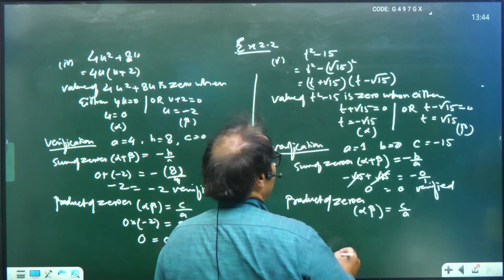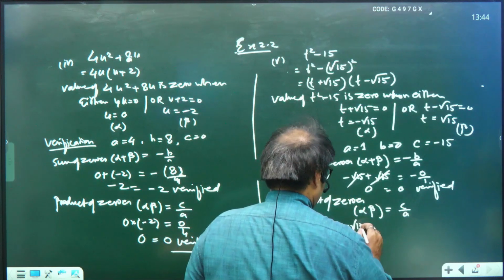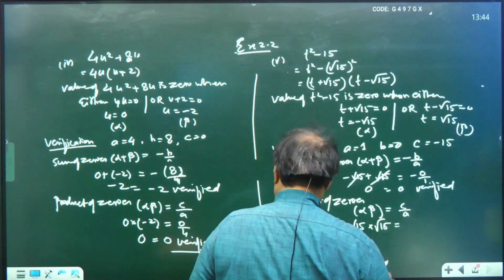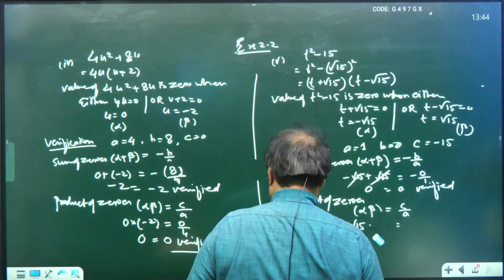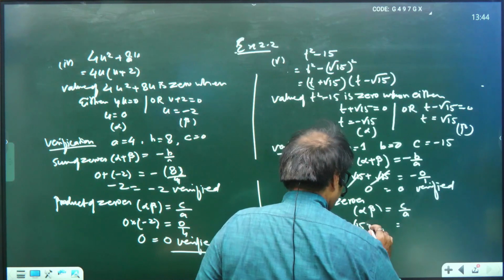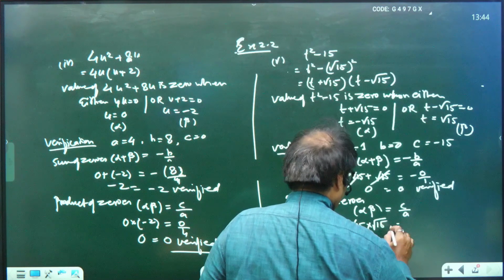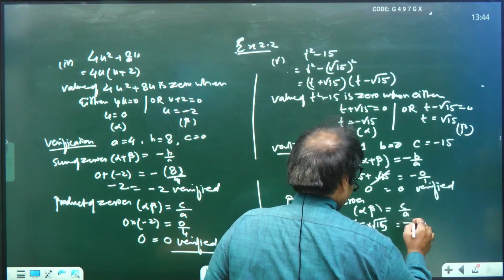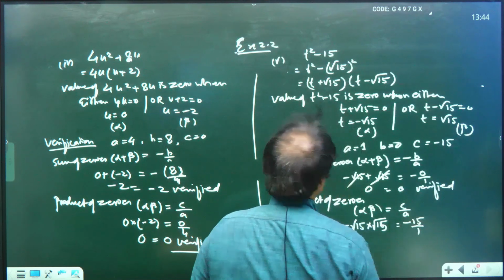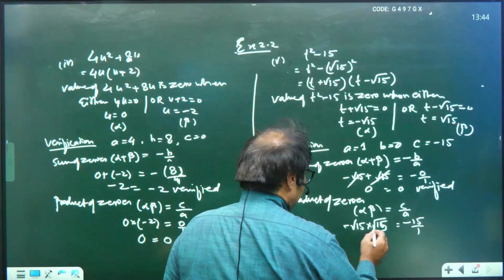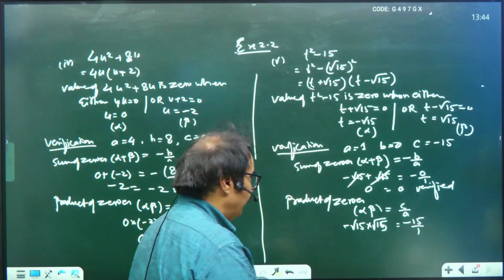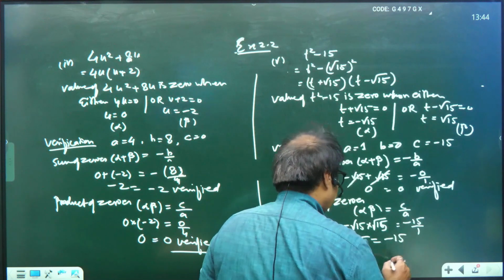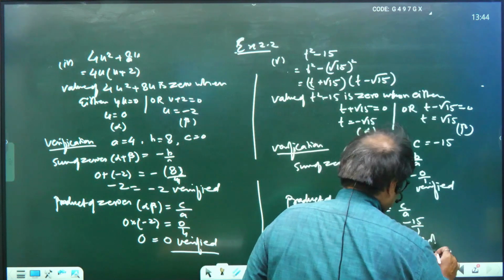The alpha value is minus root over 15 and the beta value is root over 15, and the c value is minus 15 and the a is 1. So after the multiplication, minus root over 15 into root over 15 is minus 15, and this is also minus 15. So it is verified.